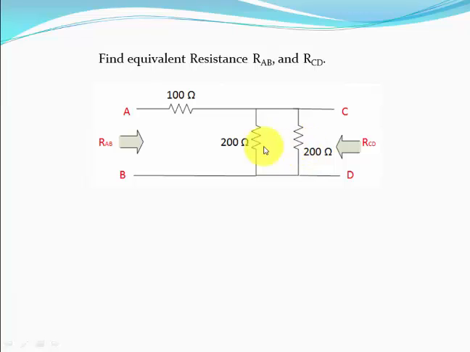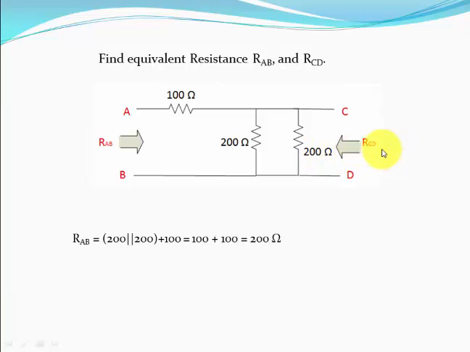They are in parallel, same, so the result is 100 ohm. And so those two combined together is 100 ohm. Then the 100 and this 100 is in series. So the total over here should be 200 ohm.